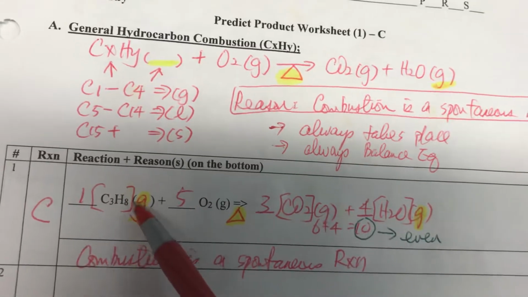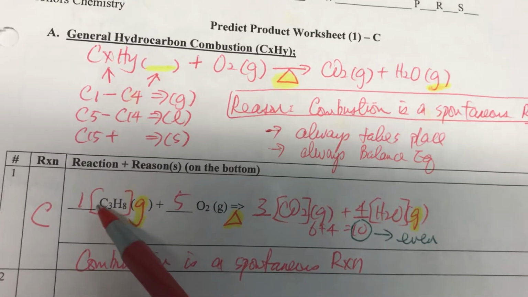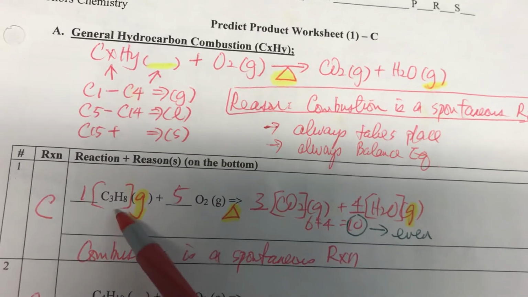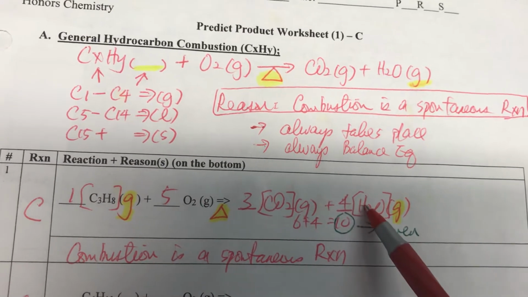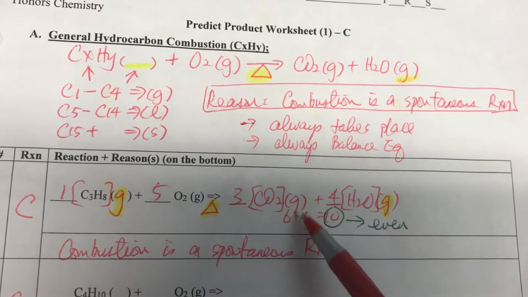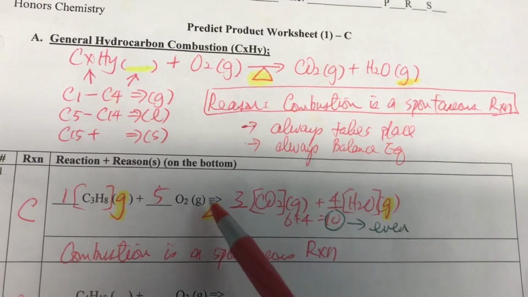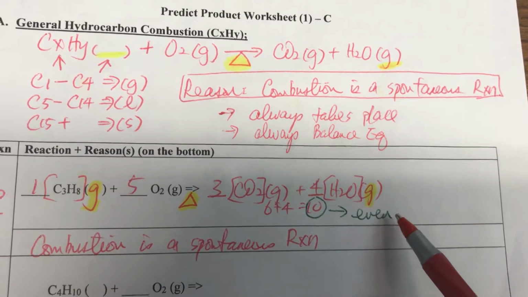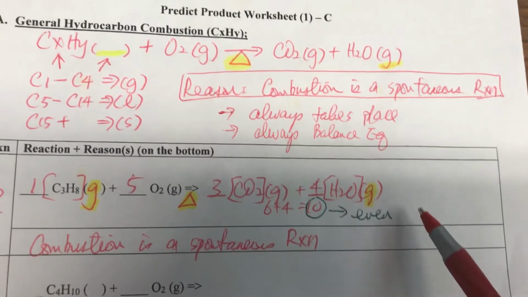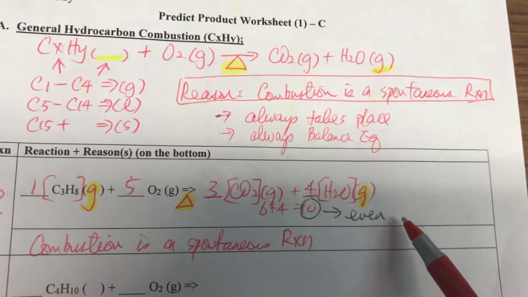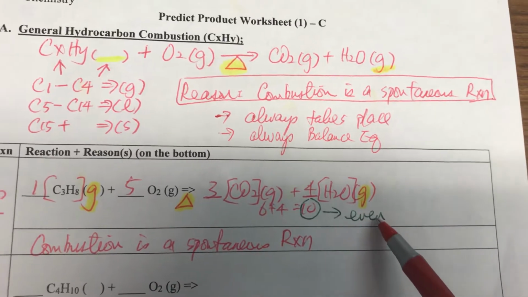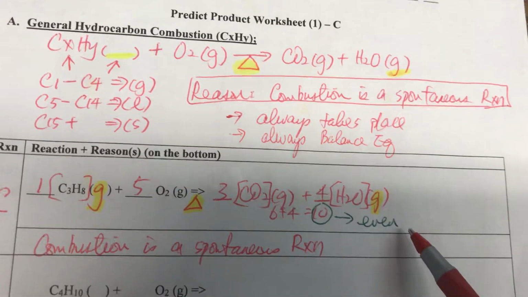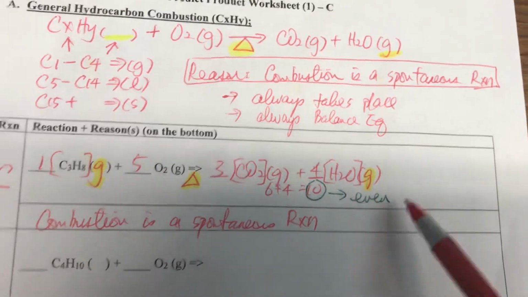So the quick review is, if X is an odd number, we put the 1 in front, then we balance the carbon, then we balance the hydrogen by putting in 4 here, and then we calculate the oxygen. So 6 plus 4 is 10, and we divide by 2 to get 5. This number, because it's the step right before dividing by 2 to get oxygen, must be even. If you get an odd number, something is wrong.